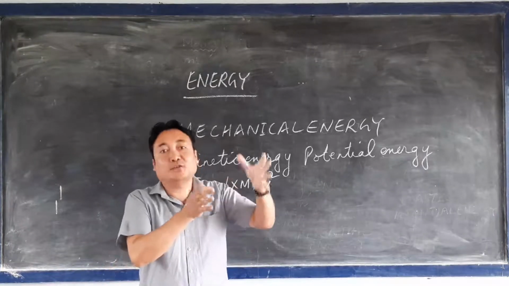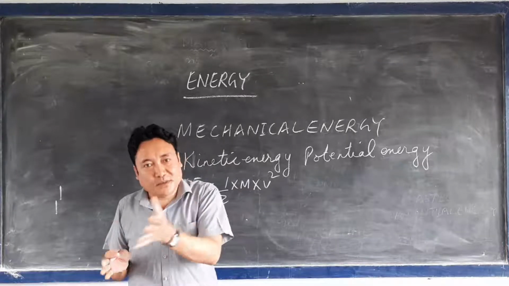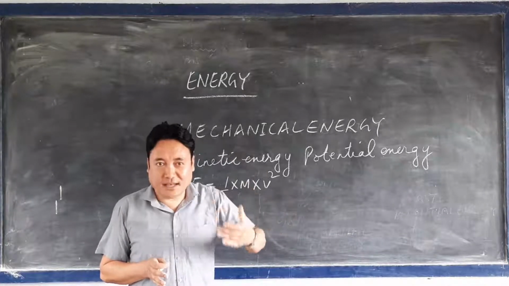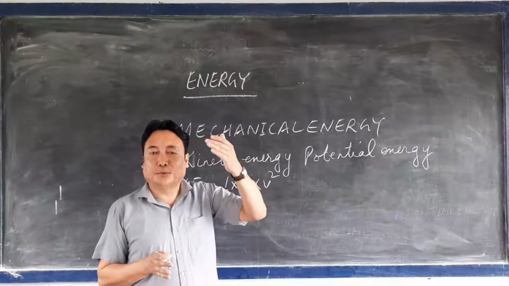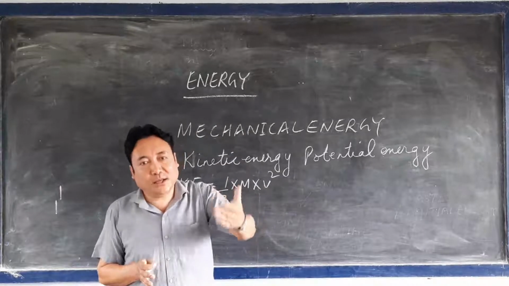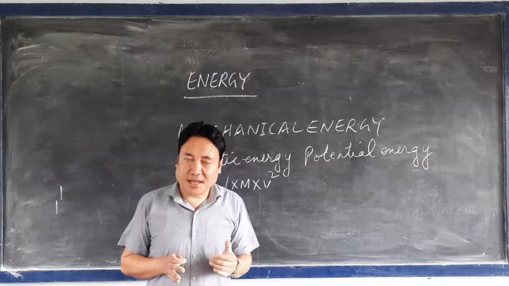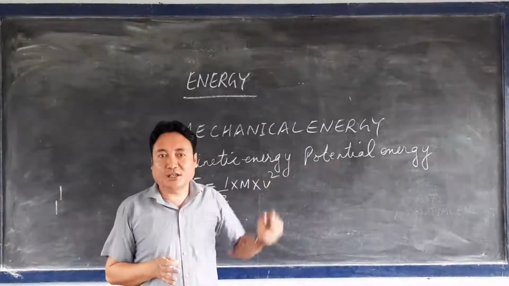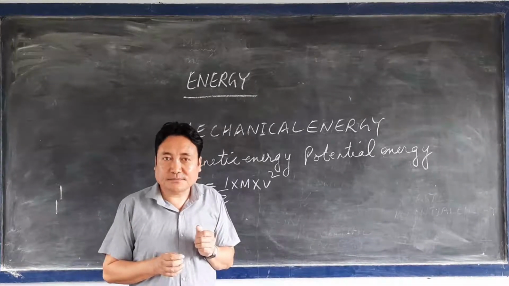When that water is allowed to flow from the dam, then that flowing water will possess kinetic energy again. So stored water possesses potential energy, and when that water flows, potential energy is converted into kinetic energy. So the stored water in a dam is potential energy. A stretched bow is potential energy.